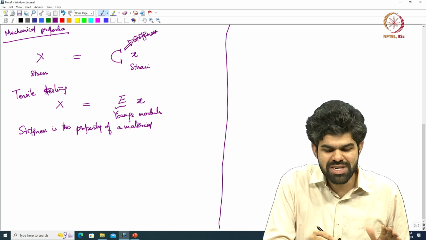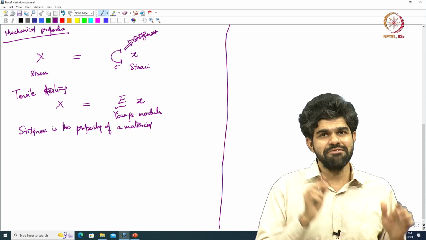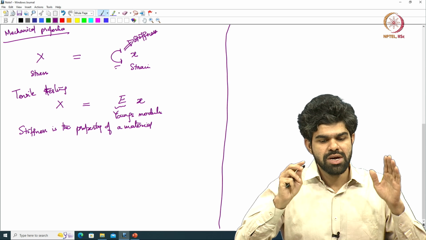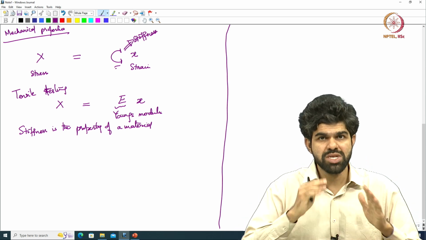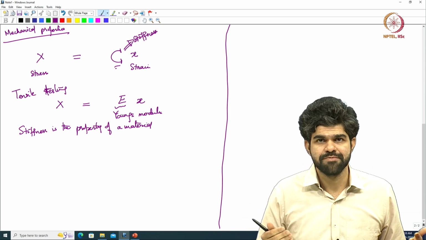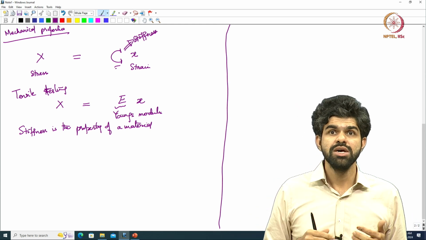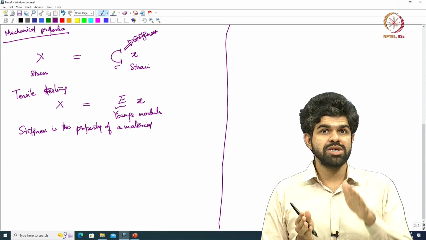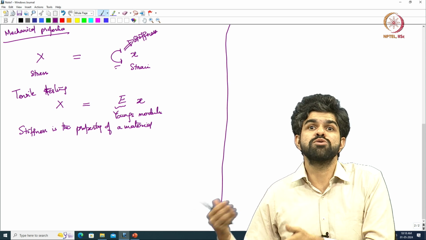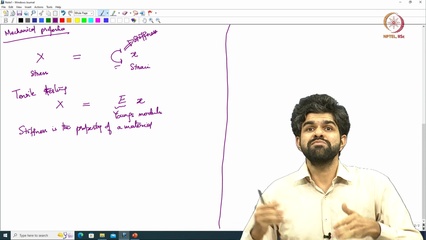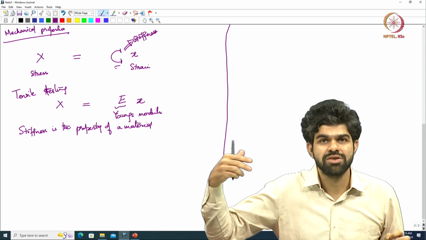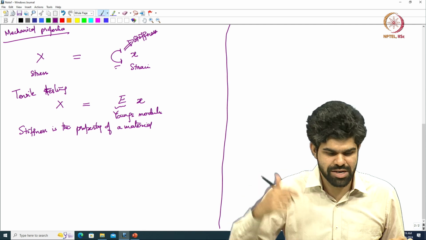The purpose of this is to just show that there is a cause, there is an effect, and the response that relates cause and effect is a property, right. So that's how I am formally defining the property. So band gap is, in this course I am not going to say that band gap of a material is a property of the material, right. So property is the resistance of the material, or the capacitance of the material, and so on and so forth.